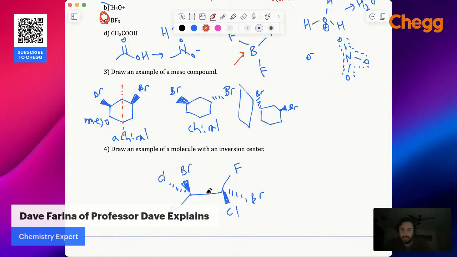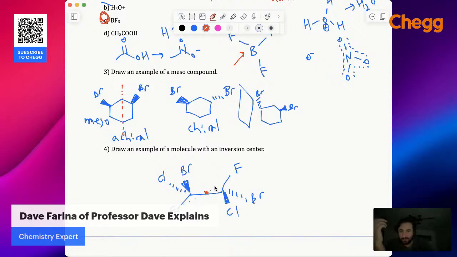So instead of an internal plane of symmetry, an inversion center is a point of symmetry. So if you reflect every atom across the central point of this molecule, it will see itself.